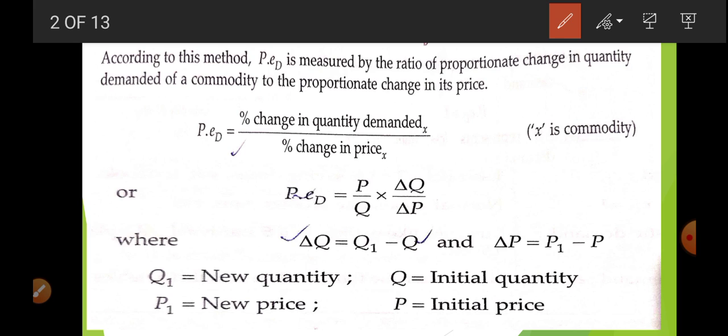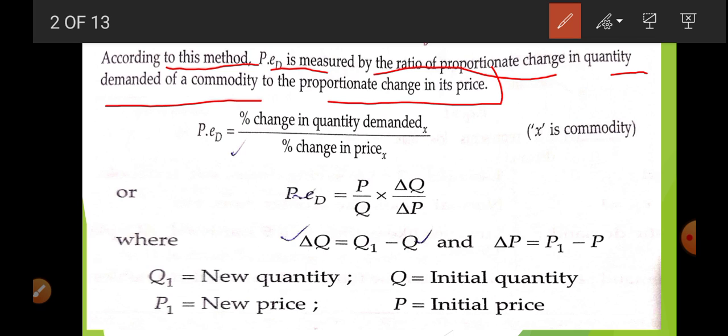So what is this? According to this method, price elasticity of demand is measured by the ratio of the percentage change in quantity demanded of a commodity to the percentage change in price. In equation, write it: price elasticity of demand is equal to percentage change in quantity demanded upon percentage change in price.